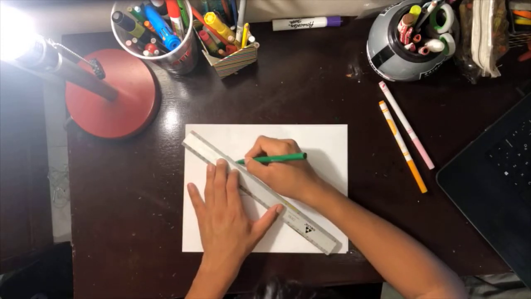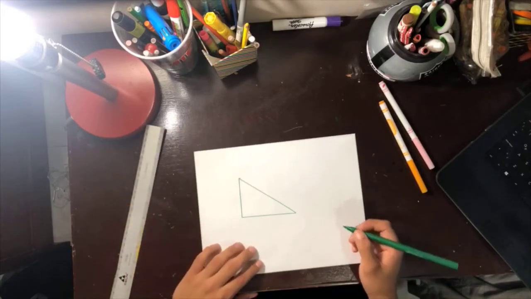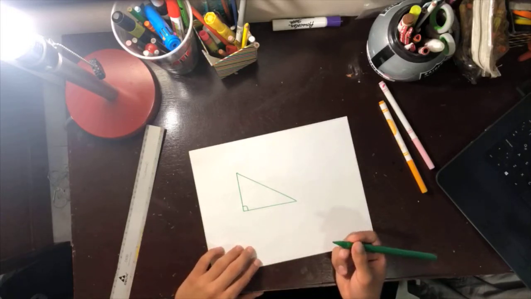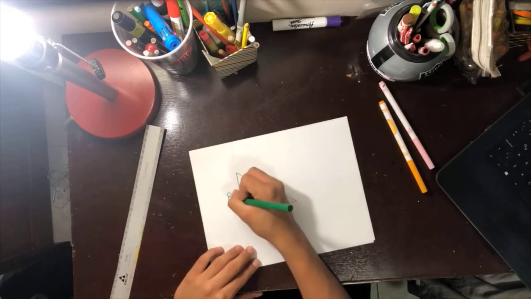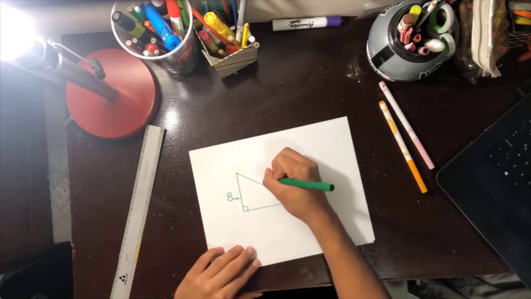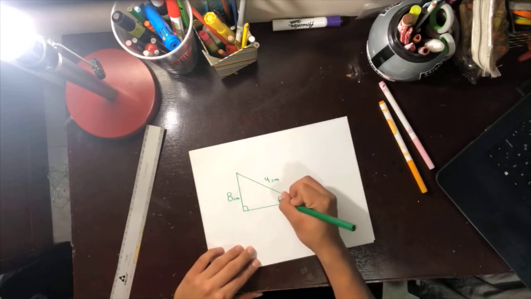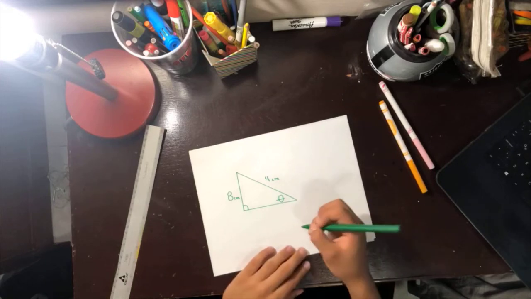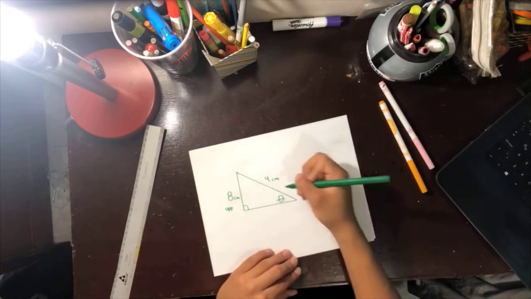In this case, it gives us an angle of theta, and in the opposite side, it gives us a side that measures 8 centimeters, and the hypotenuse measures 4 centimeters. The sine is equal to opposite over hypotenuse. So in this case, we're going to use sine.